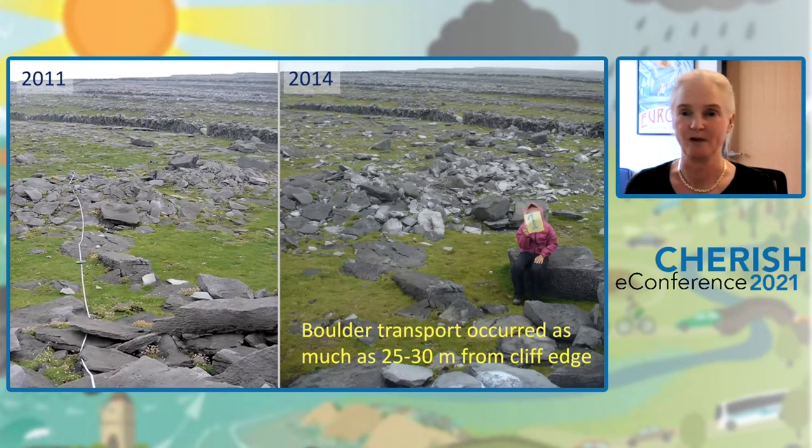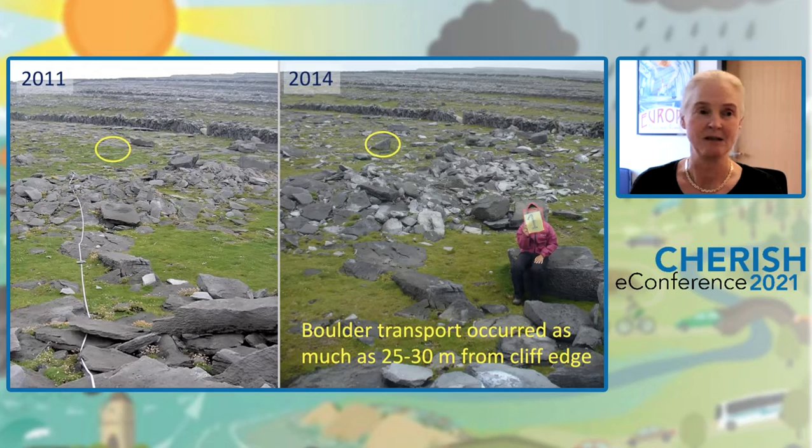To give you a couple of specific examples, there's an empty space there in 2011 that's occupied by a sizable boulder. This one here is about 1/3 of a ton in 2014. And you can see even back as far as the image goes, there are smaller clasts that have been transported that far inland during those storm events.